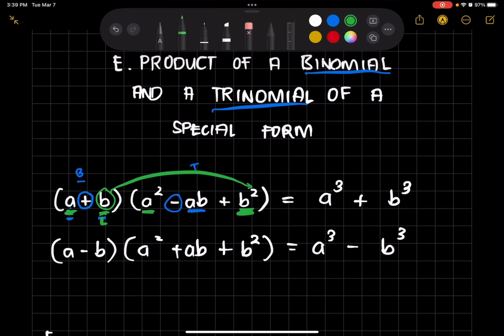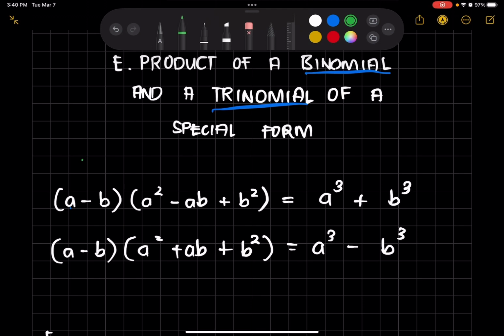So, ulitin lang natin, yung first condition natin na dapat malaman or i-check, okay, I'm going to erase this one. Yung first condition natin is kailangan meron kang isang binomial at isang trinomial. Okay?